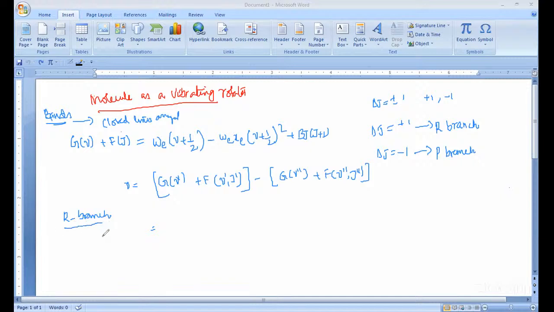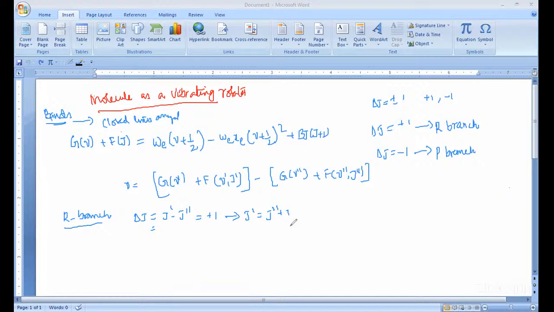So for the R branch, delta J equals J dash minus J double dash, which equals plus 1. So J dash equals J double dash plus 1.